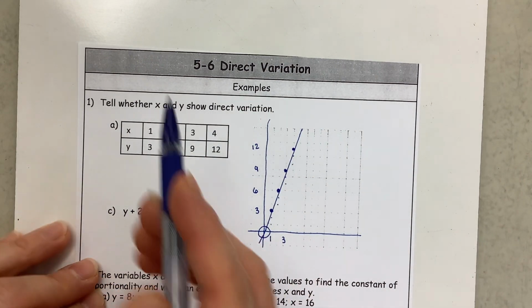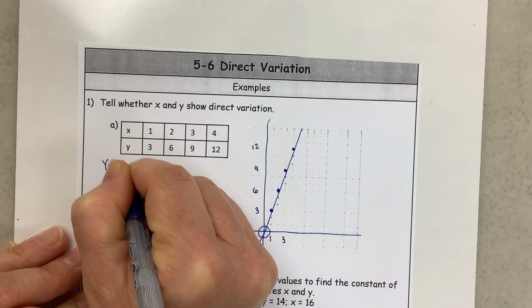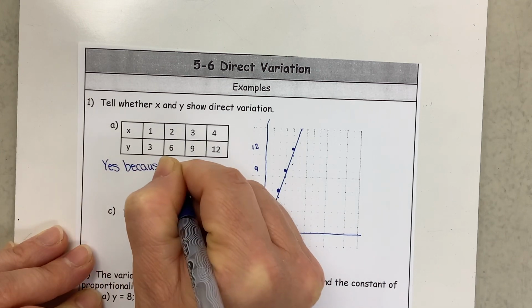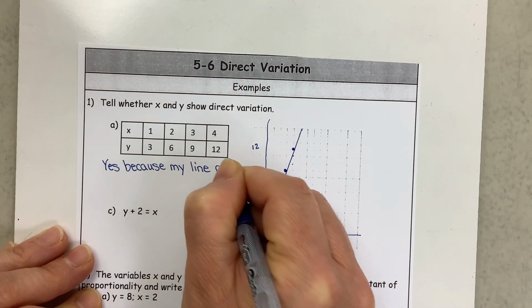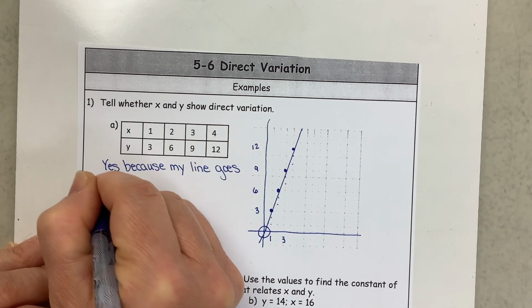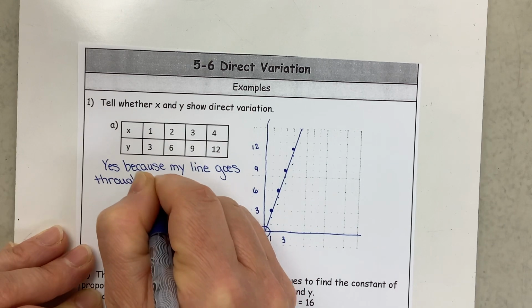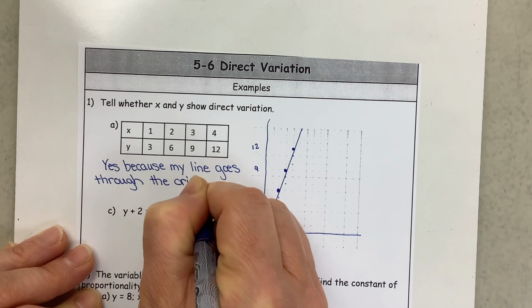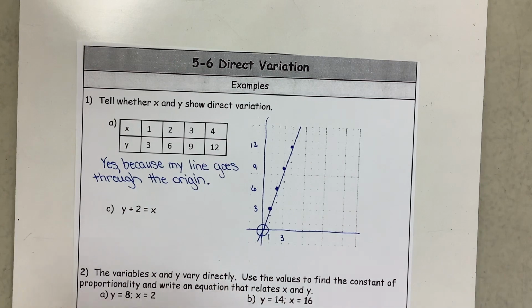This is direct variation, because my line goes through the origin. So x and y are in direct variation because they go through the 0, 0 point.